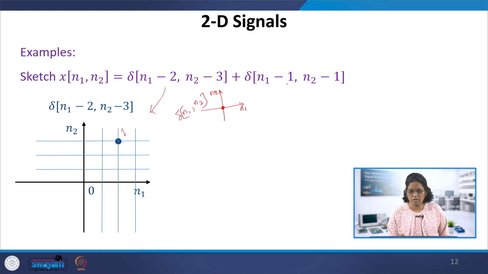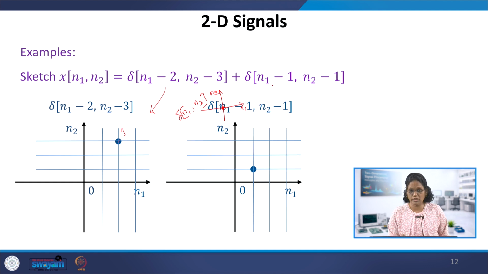Let's look at the second one similarly. This is also an impulse where n1 is shifted once and n2 is also shifted once, so here n1 is 1 and n2 is 1. This signal has only this one impulse. Now adding these two in the n1 and n2 plane, in the 2D signal, this would be available, and in all other values of n1 and n2 it is 0.